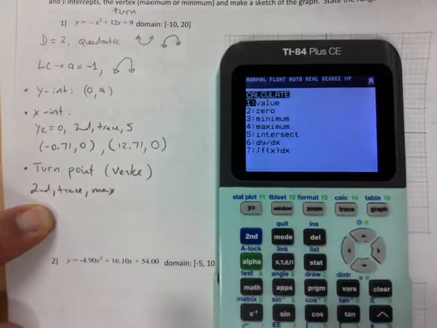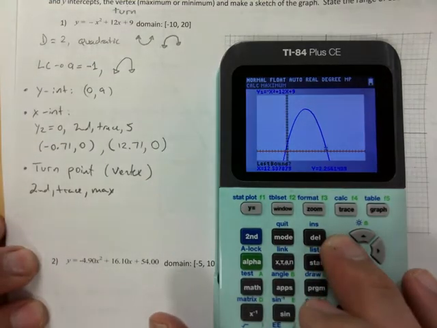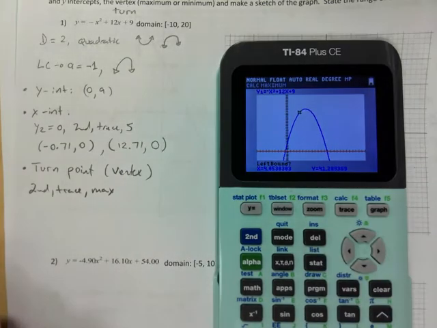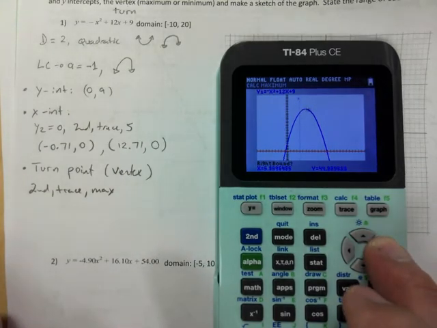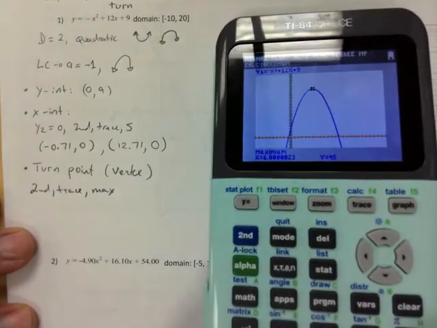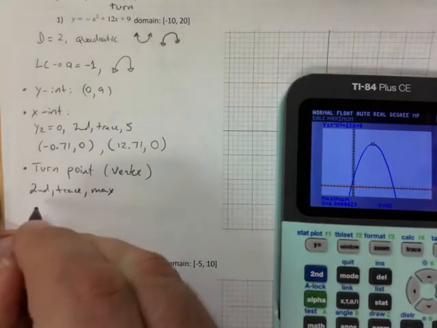So second trace max is the fourth option. I press 4. It asks me for a left boundary. Enter. I'm going to go for the right boundary. Enter, enter. And there it is. It's 45. Okay. 45 rounded.